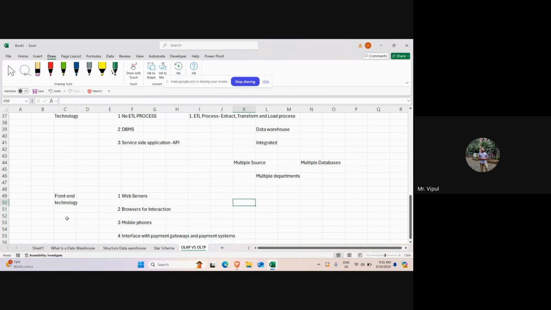Then here also you have BI tools, that is business intelligence tools like Cognos, Tableau, and reporting front end infrastructures.